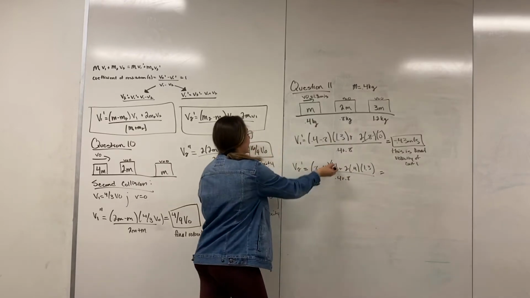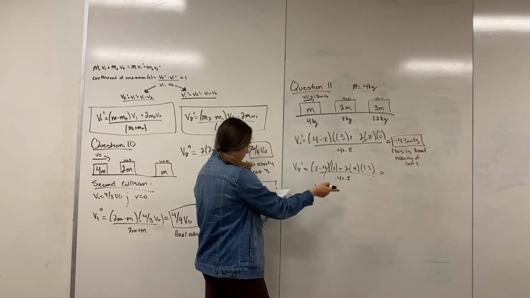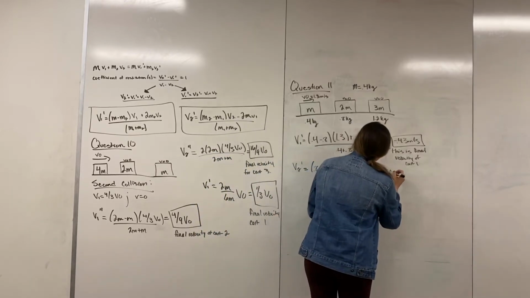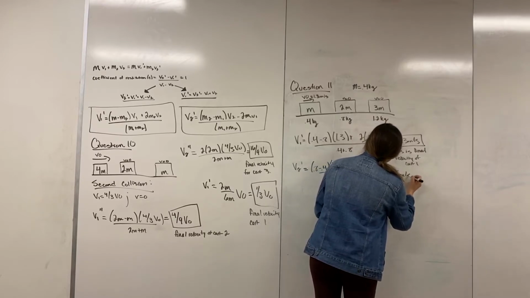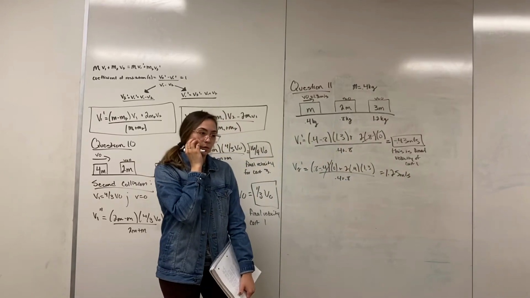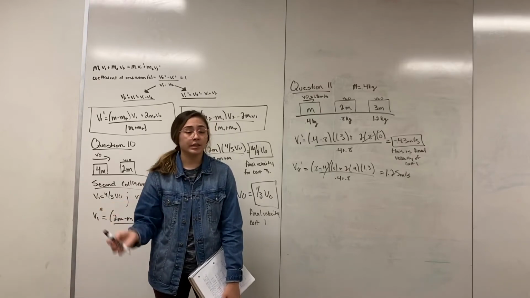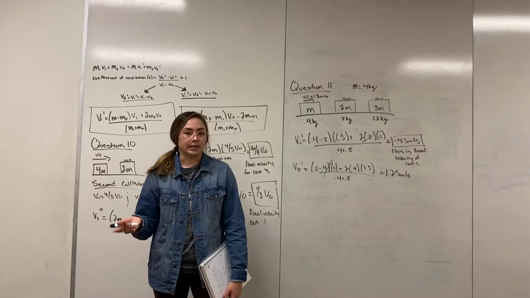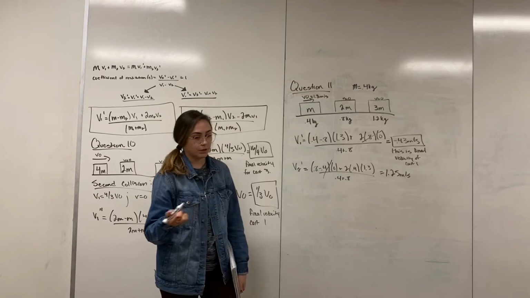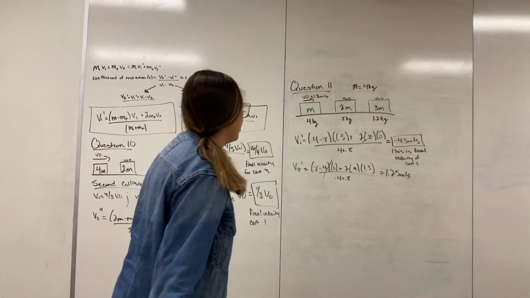Once again, this part cancels out because VO equals 0. After doing the calculations, it comes out to be 1.25 meters per second. But don't get that confused with it being the final velocity, because there is a second collision that comes into play. So we're going to save that thought.